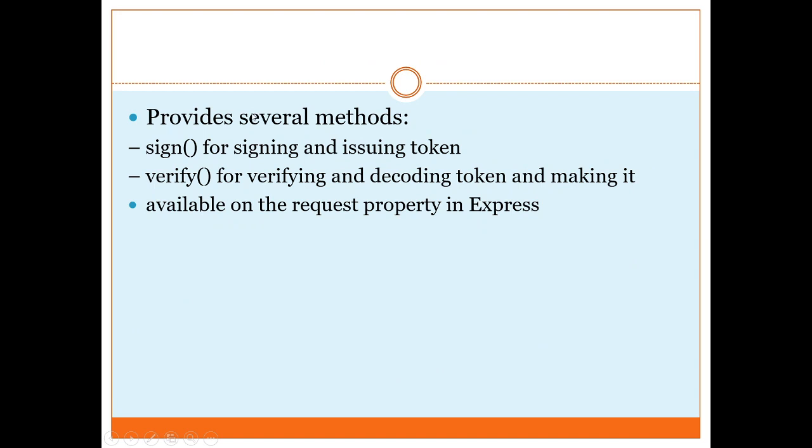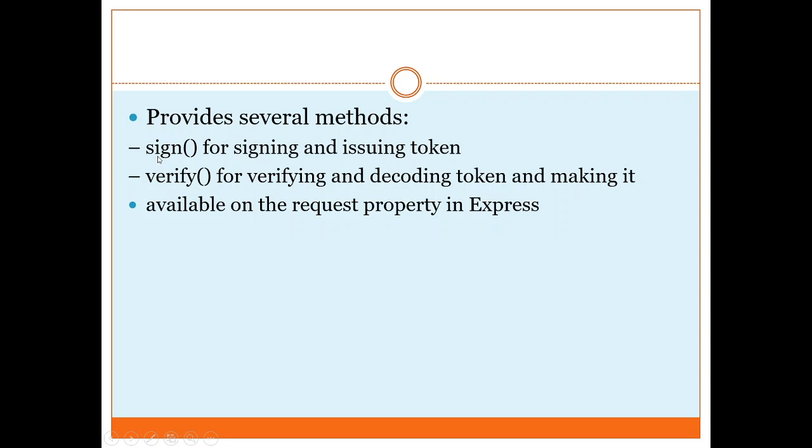It has multiple methods, but two main methods are important. First is the sign method for signing and issuing a token. Whenever a user provides the username and password, we will provide the token to them. To provide the token, we need to call a function, that is the sign function.